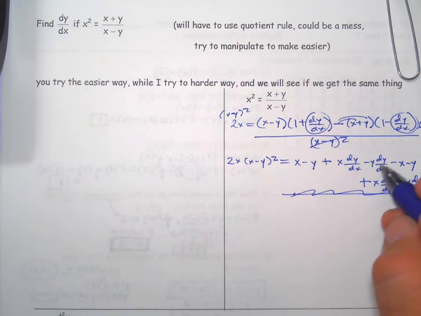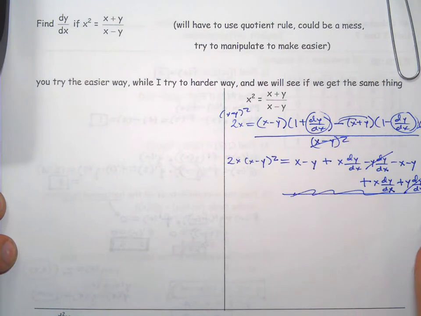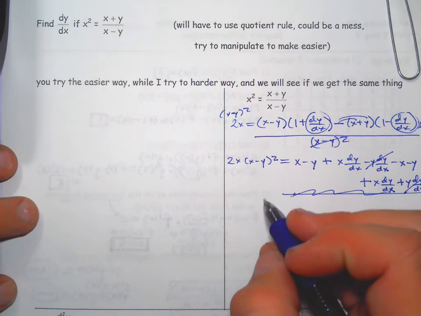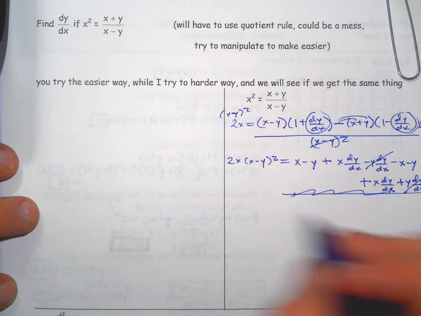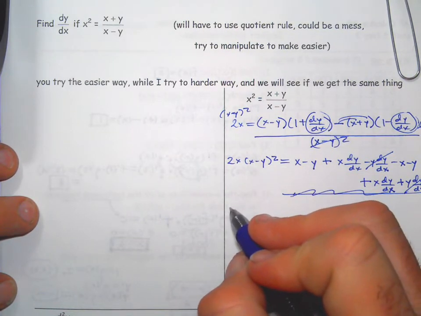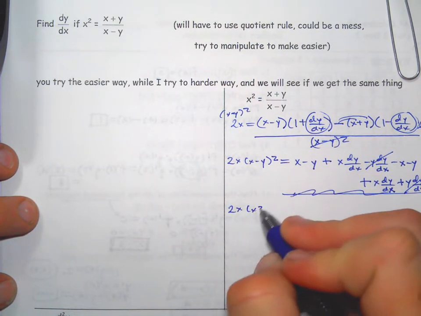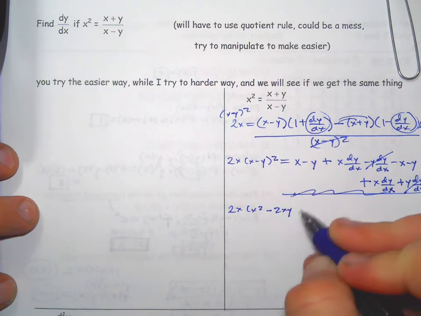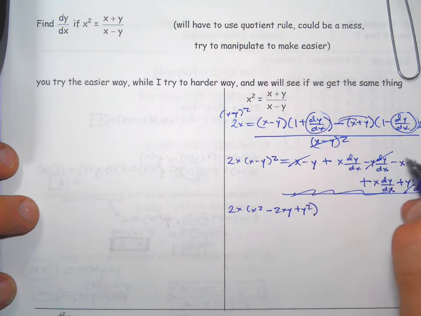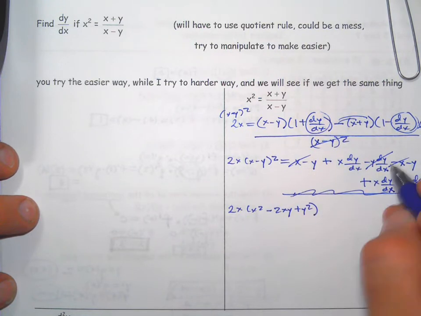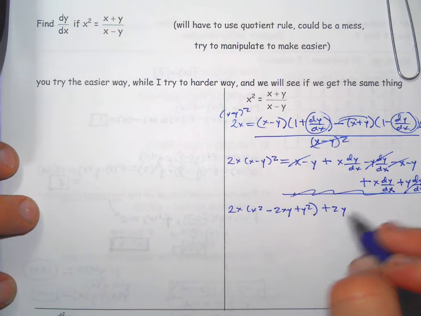Okay, negative y dy/dx and positive y dy/dx cancel. We want to move everything on one side. I think it might be worth it to go ahead and multiply this out. This is going to be 2x times x squared minus 2xy plus y squared. And then x and negative x cancel each other out. There's a minus 2y, so it becomes plus 2y over here.